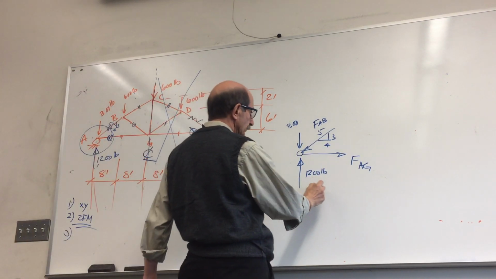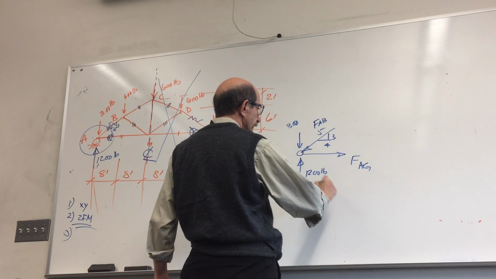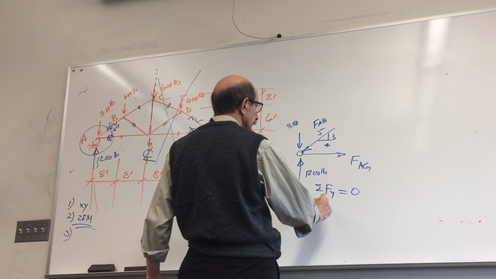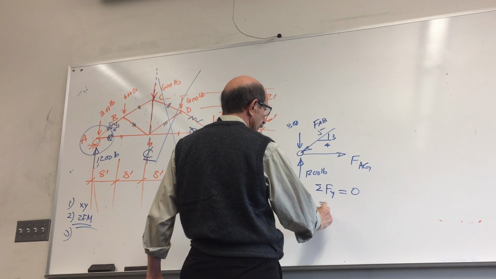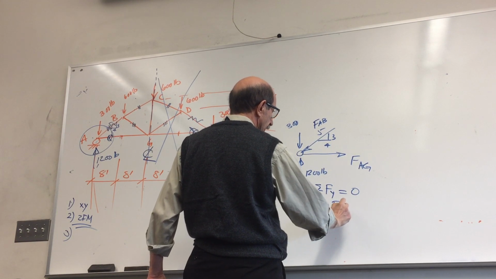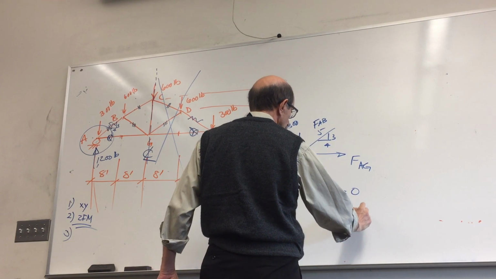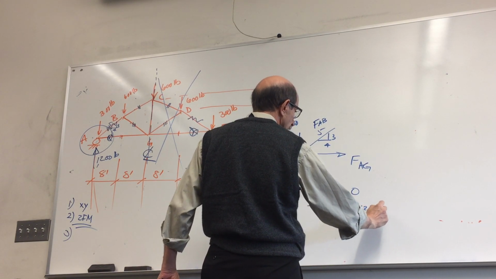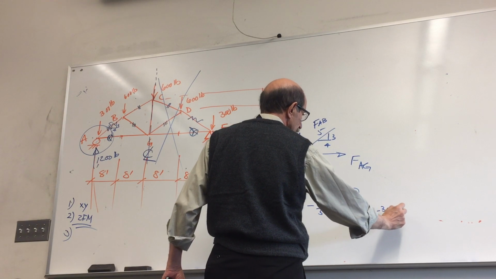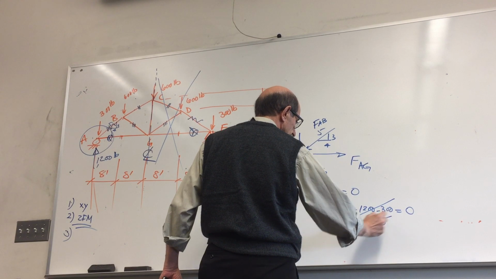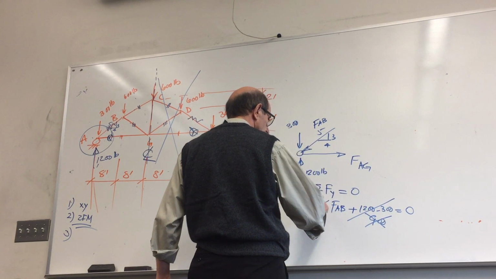So you just write summation of forces along Y is equal to 0. You have negative 3/5 of FAB, plus 1,200 minus 300 is equal to 0. So this is 900, or it would be 300.